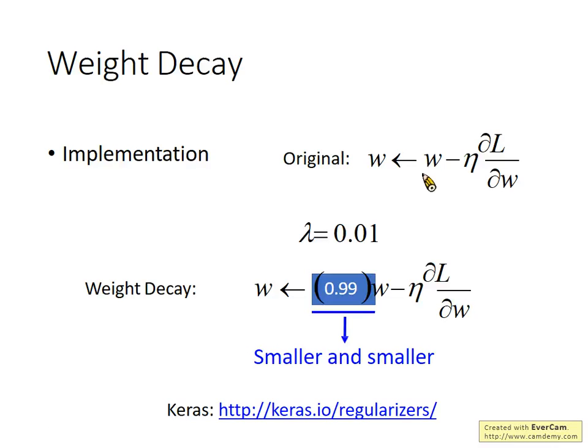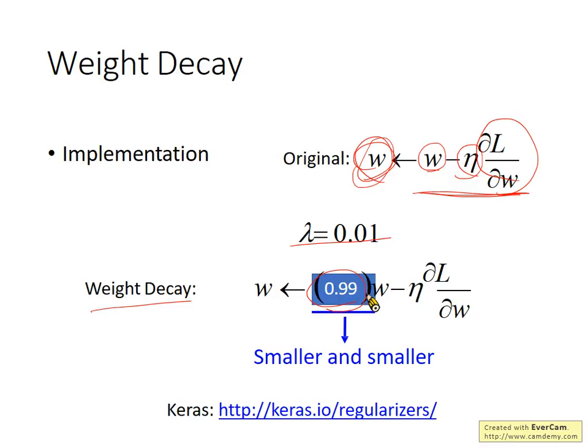Originally, when we use the gradient descent algorithm, we update the parameter w like this: w minus the learning rate times the gradient. And weight decay is simply that we apply a parameter that may be like 0.99.